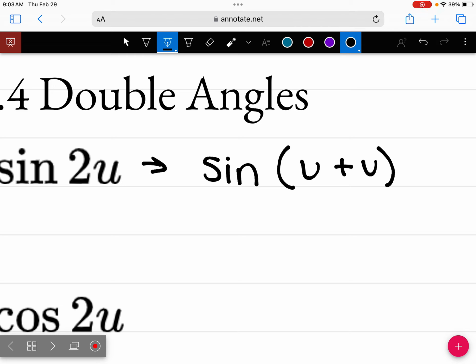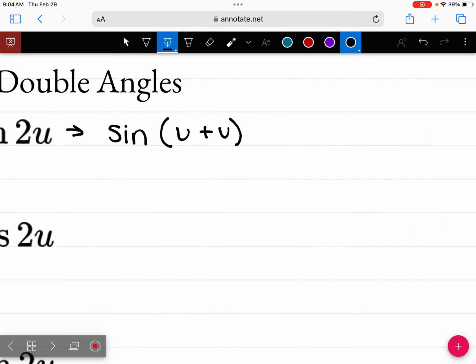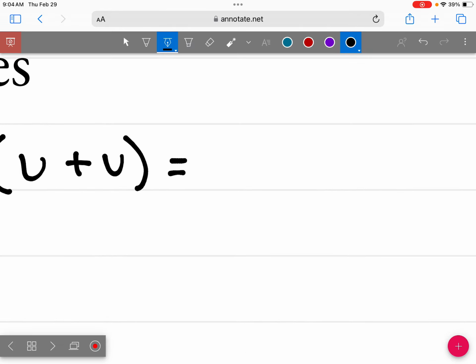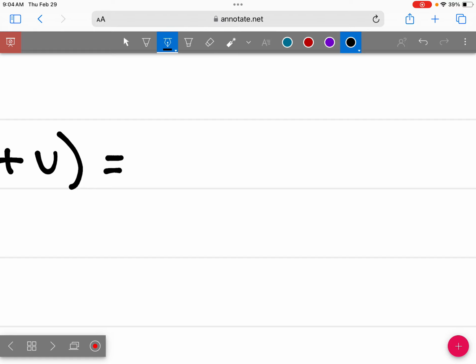Now we're going to use the addition formula from yesterday, where we take our sine addition and rewrite this using that sine addition.